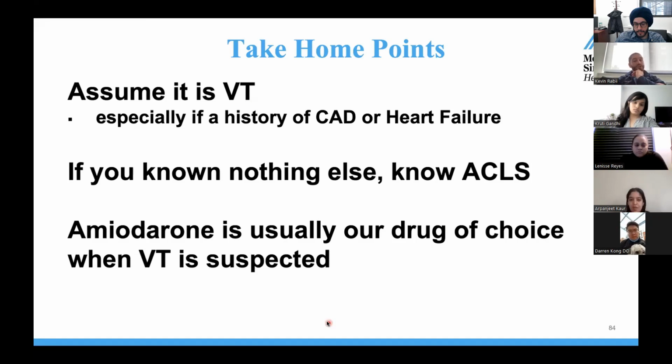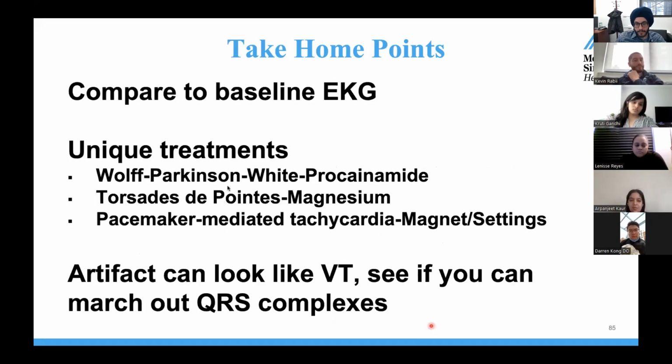If you know nothing else, just know ACLS. Amiodarone generally is our drug of choice when VT is suspected. Always compare to a baseline EKG. There are unique exceptions to everything. For Wolff-Parkinson-White, procainamide is your first choice. For long QT with torsades, you treat with magnesium.